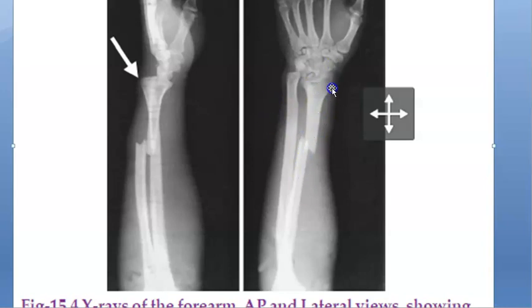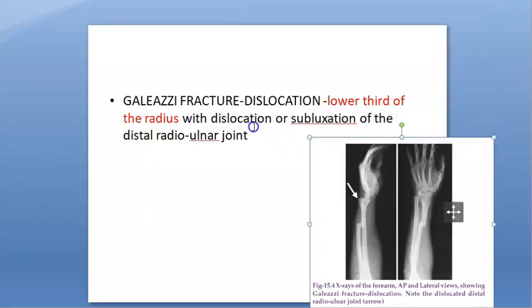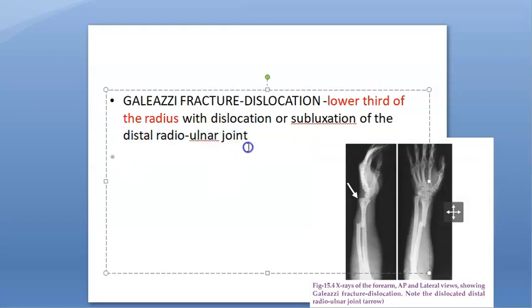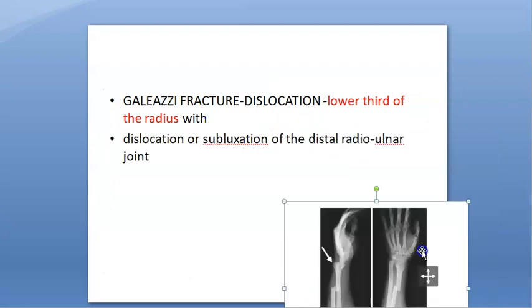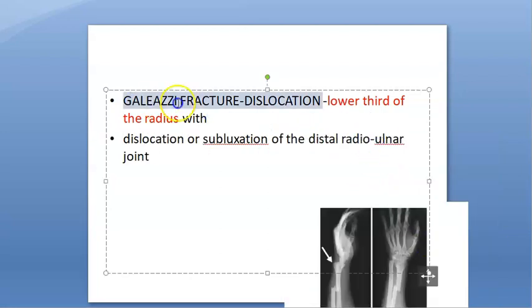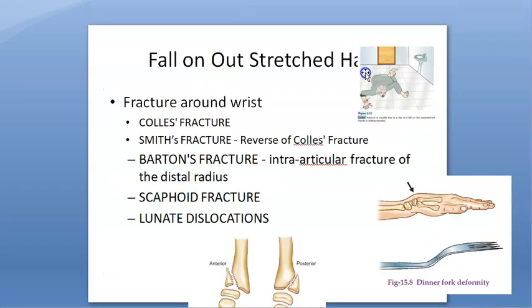This is the styloid process of the radius. See, there it is broken. The radius is fractured and the ulna is dislocated at the distal radioulnar joint. Lower third of radius with dislocation or subluxation of the distal radioulnar joint, Galeazzi.